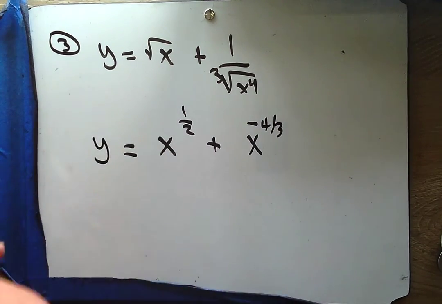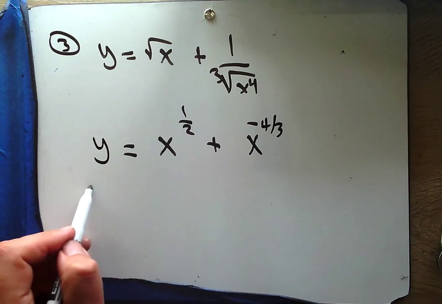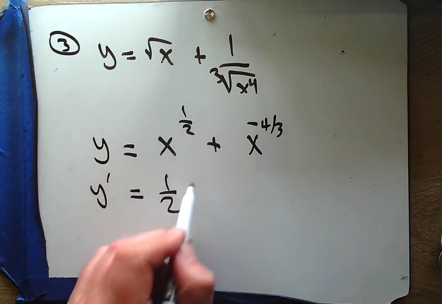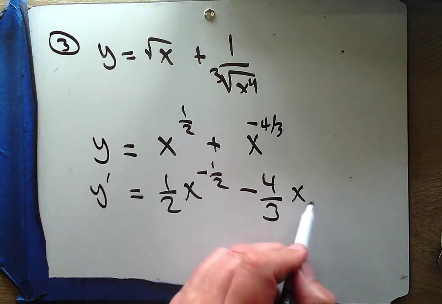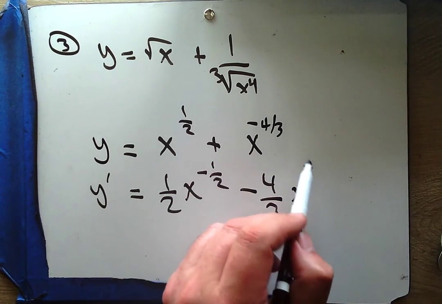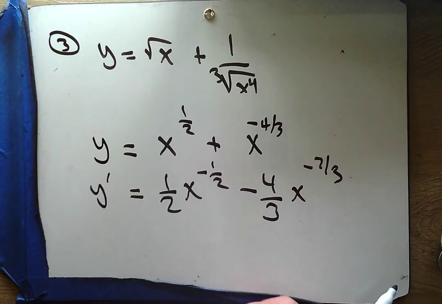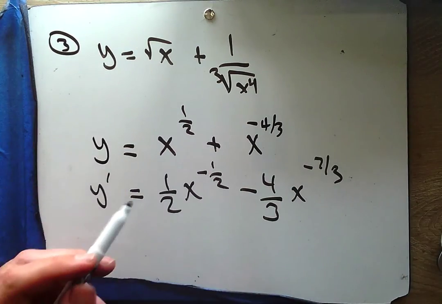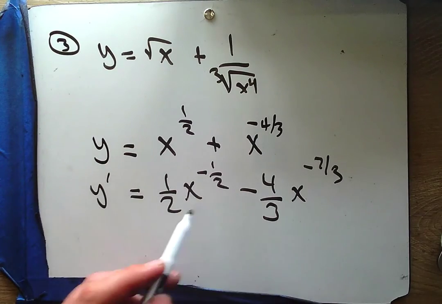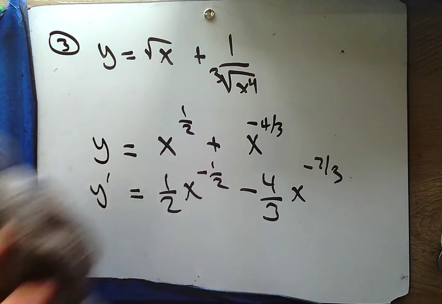So I'm getting rid of my radicals, and I am going with rational exponents, and the world seems so much happier. And I'm not going to tell you to get rid of your radicals. Well, maybe I will, but if you want to use radicals, use radicals. So much easier.